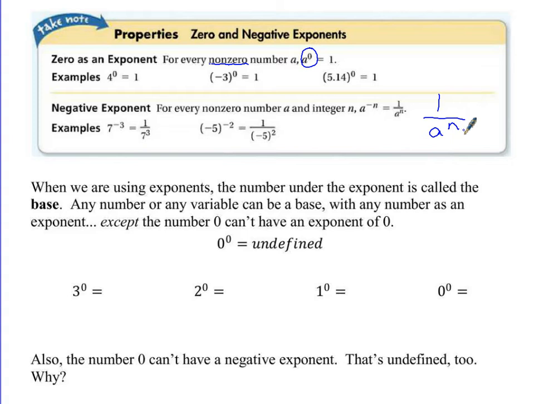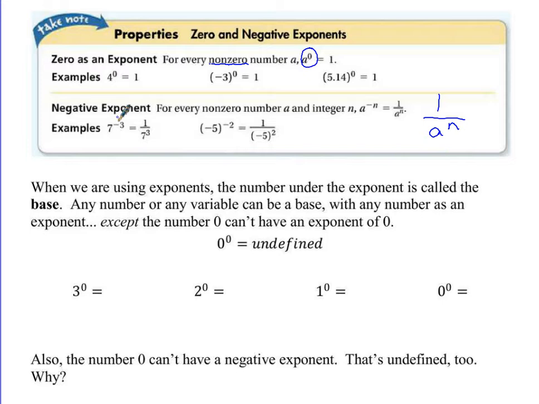It turned positive. So that's your rule for negative exponents. If you have a negative exponent, it simply means put 1 over that thing and then make the exponent positive. It's something you have to remember. Get used to working with it. It's no problem. In the beginning, though, it's kind of tricky.